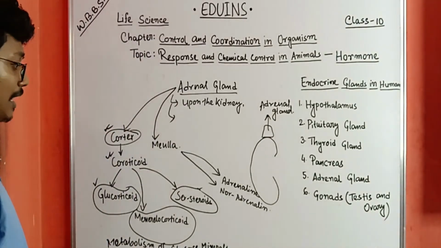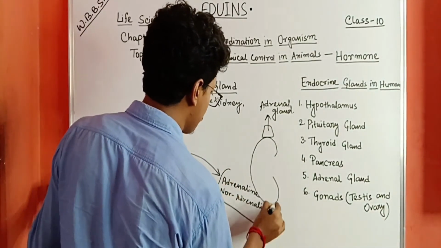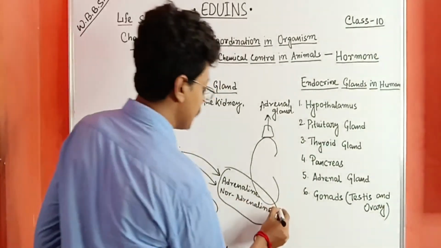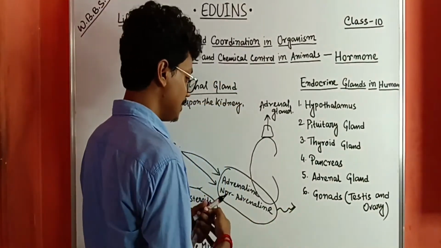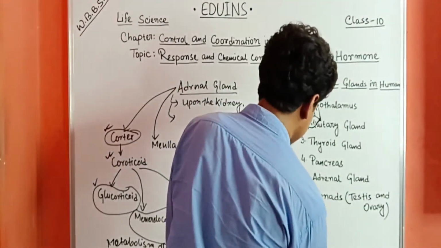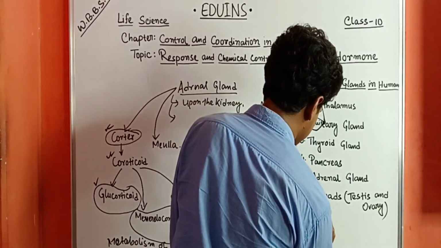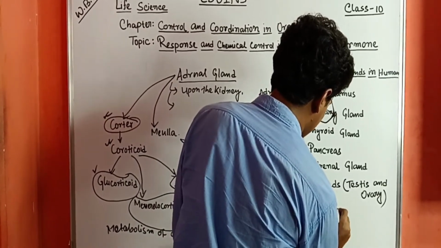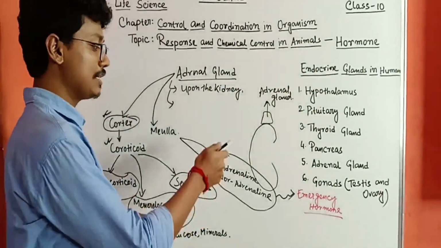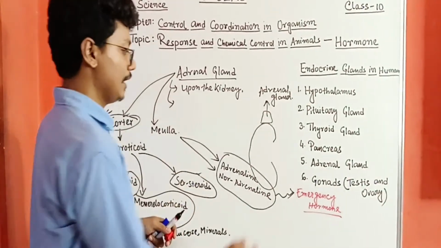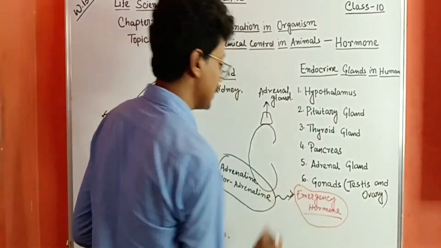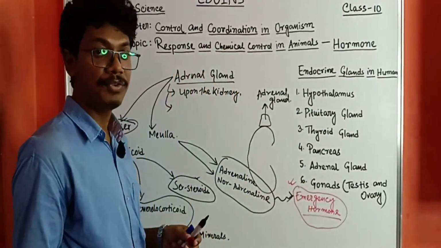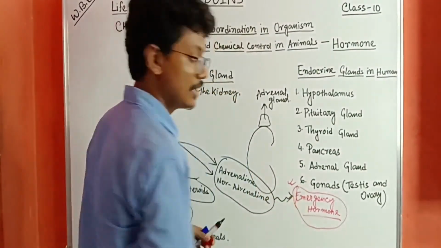Next one is adrenaline and noradrenaline. Specifically, these are known as emergency hormones. Why emergency hormones? Because they are only released when our body is in an emergency or any stress condition, like fear or any emotional stress.